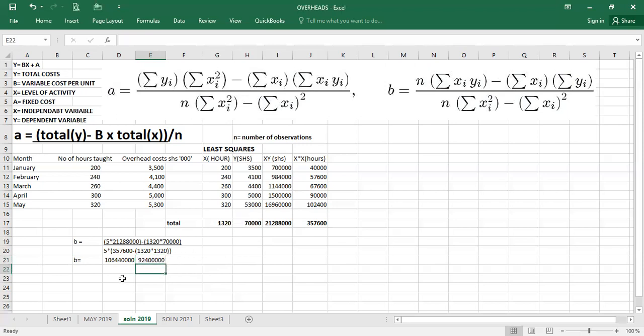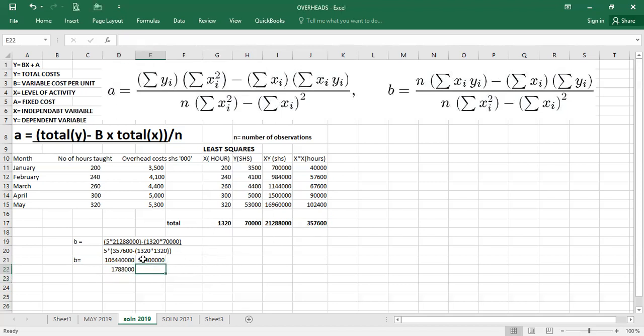It is that. So what you are going to be dividing is this, which is 5 multiplied by this one. We shall be getting that.